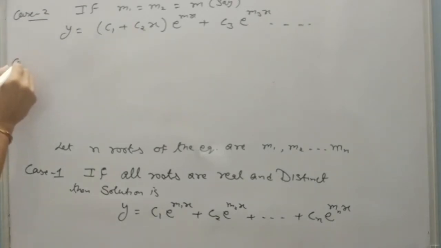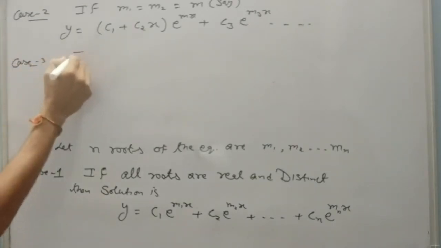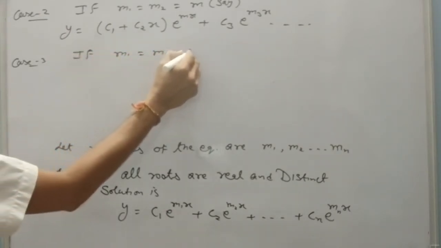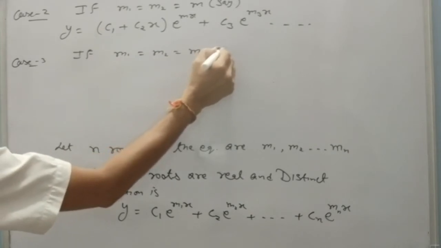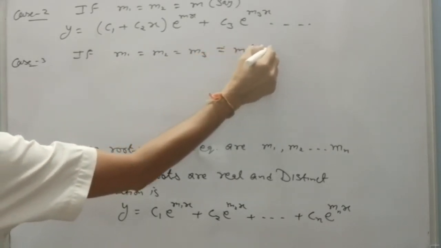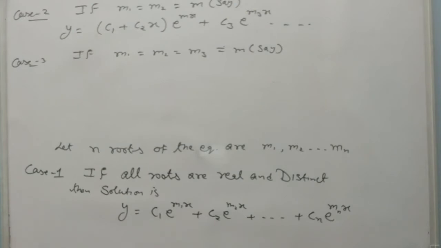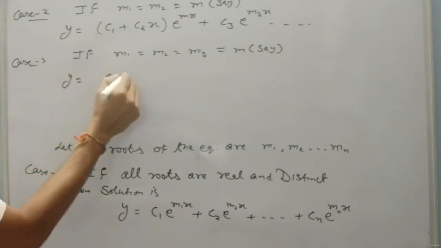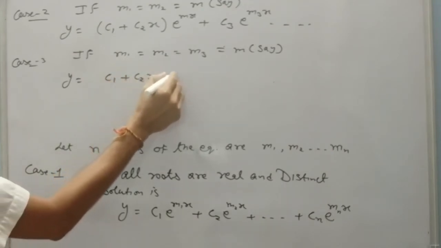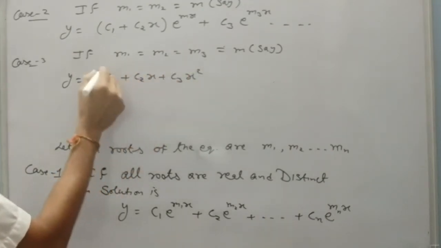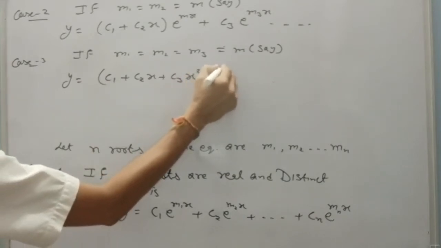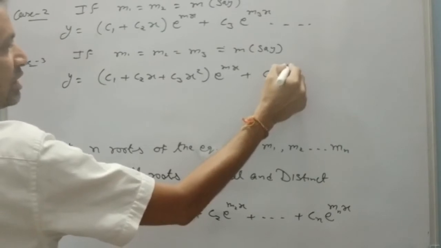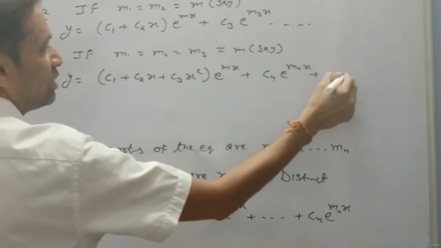Case number 3: if m1 = m2 = m3 = m, now there are three equal roots, then y = (c1 + c2 x + c3 x^2) e^(mx) + c4 e^(m4 x) and so on.